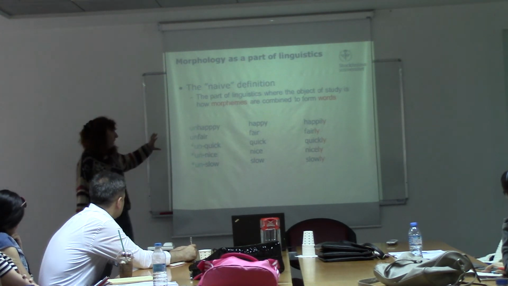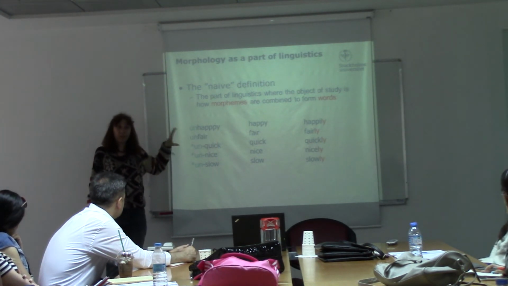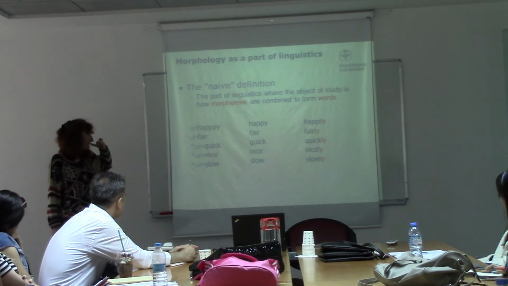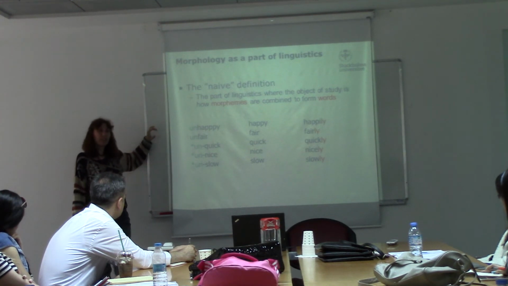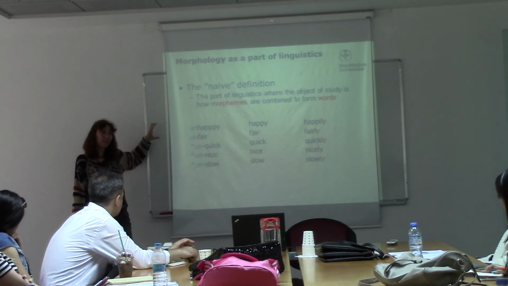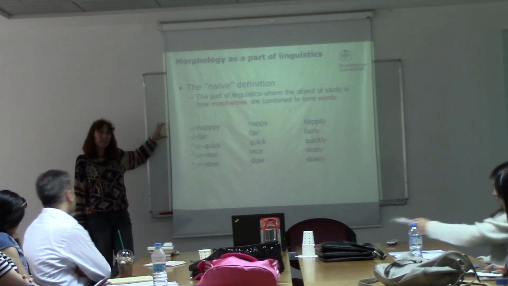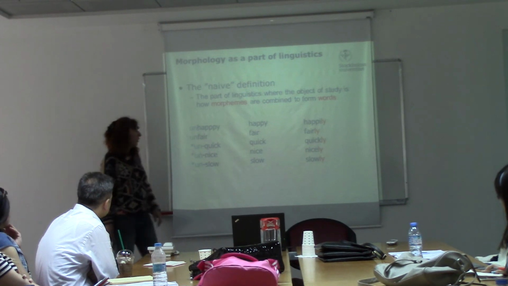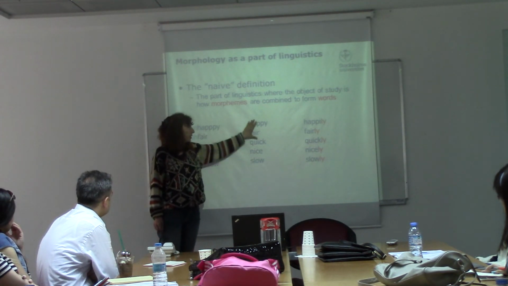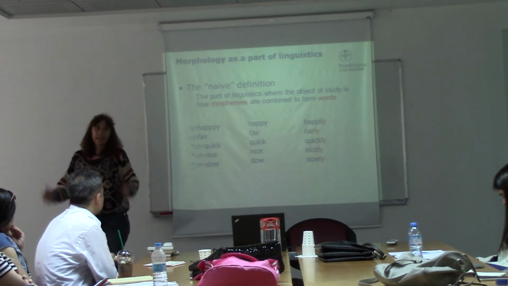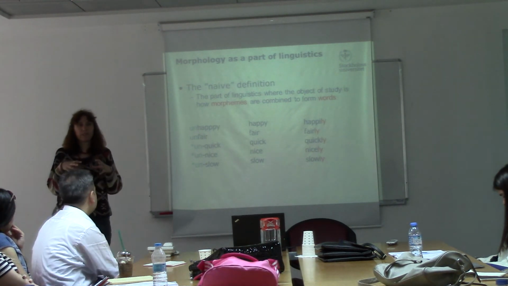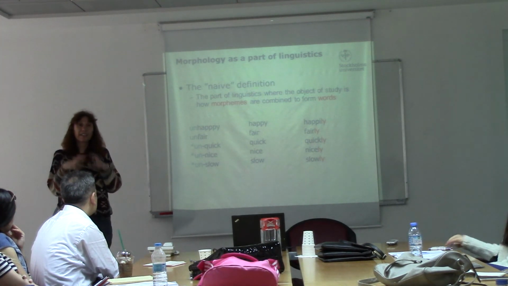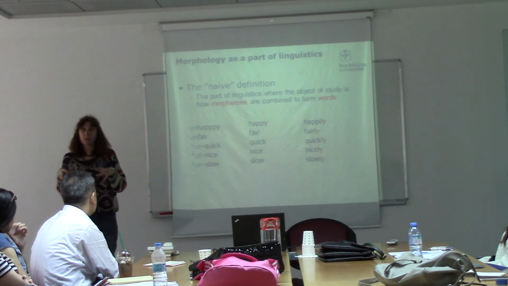So a naive definition, that I hope to prove to you is really naive by the end of this lecture, is that in a morphological analysis, we segment the structure of words into some meaningful elements. This is what we do. We tell apart which elements have a meaning that is more referential. It refers to a state or entity or something that we can identify in the outside world.